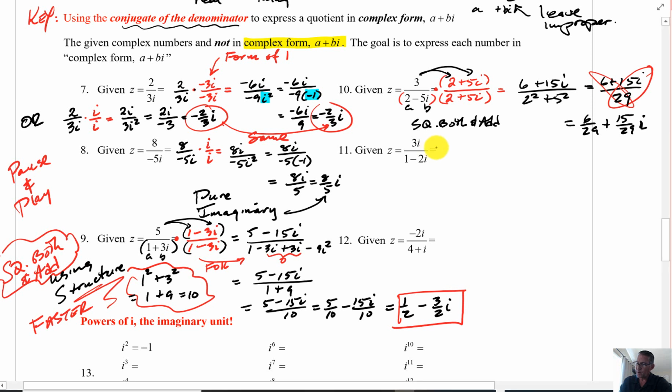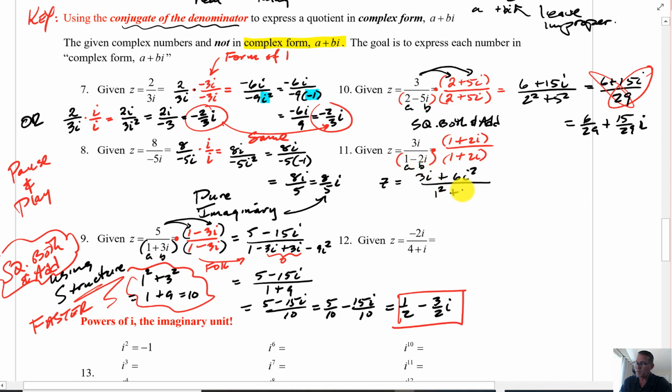Okay, let's check your work. We're going to multiply this by 1 plus 2i. Here we go. So what do we get? Z is equal to 3 squared, plus 3i times 2i is 6i squared. And then here, a is 1, b is 2.